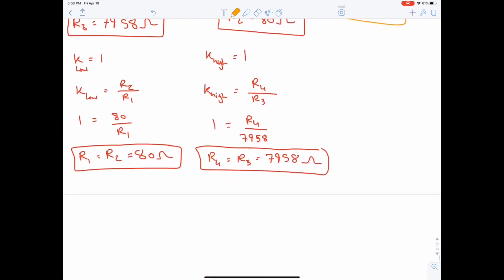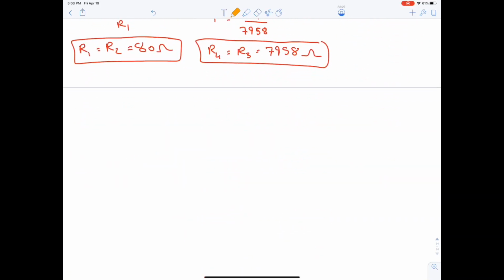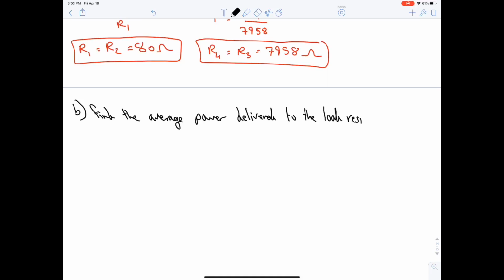Now, if we had another part, part B of the question, saying find the average power delivered to the load resistance at the cutoff frequency.